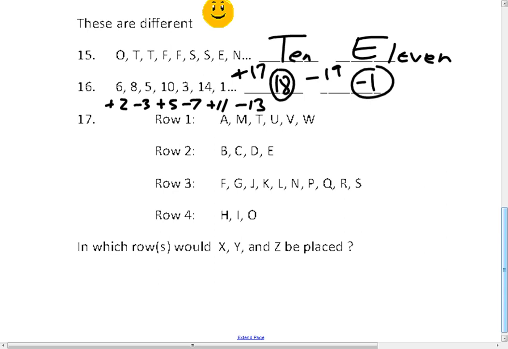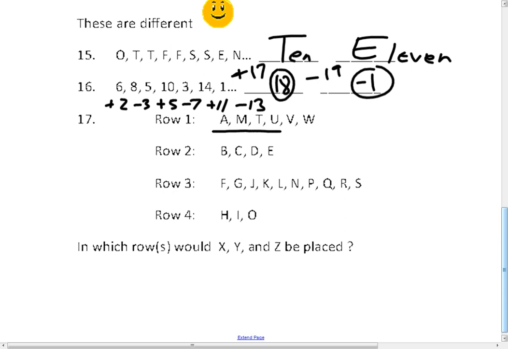Now I'm going to tell you not to think about them as letters at all. This is a geometry course, so look at these as if they're figures or diagrams. Or look at A, M, T, U, V, and W as if they were polygons. Don't think about their meaning as far as vowels, consonants, or language at all. Just look at them as figures.